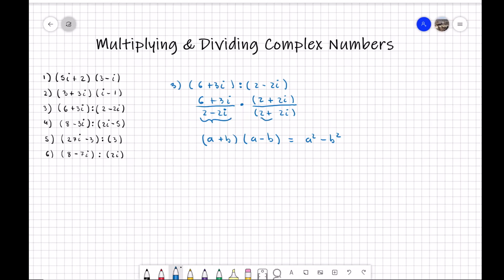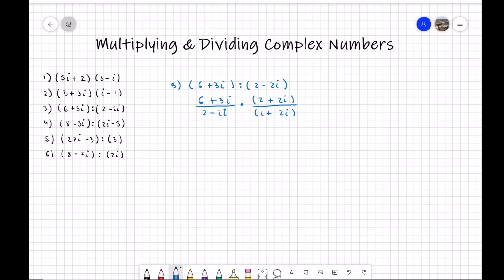You see that we have the same numbers but different signs, just like in this formula, all right? So why are we doing this? Because as this formula says, we're going to end up with squared numbers, right? So that means that we're going to end up with i squared at the bottom. That means we're gonna get rid of the roots, all right? So you're gonna see now.